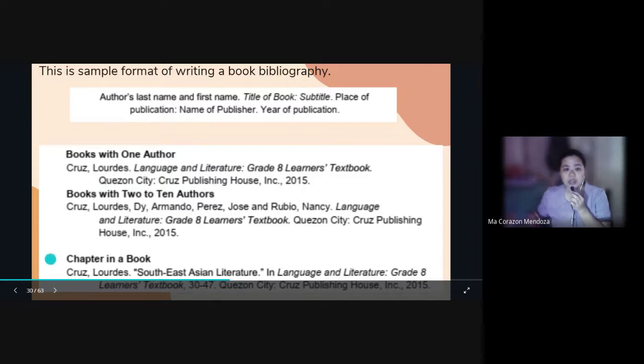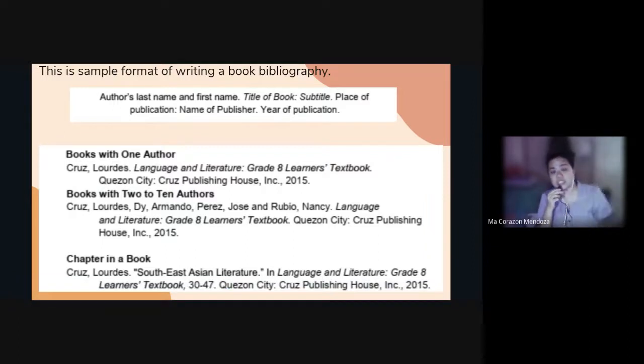Thinking that she is the only author, period. Southeast Asian literature, that is the chapter. So you will put the chapter inside quotation marks, but you have to put a period inside the quotations as well. So look at the example.